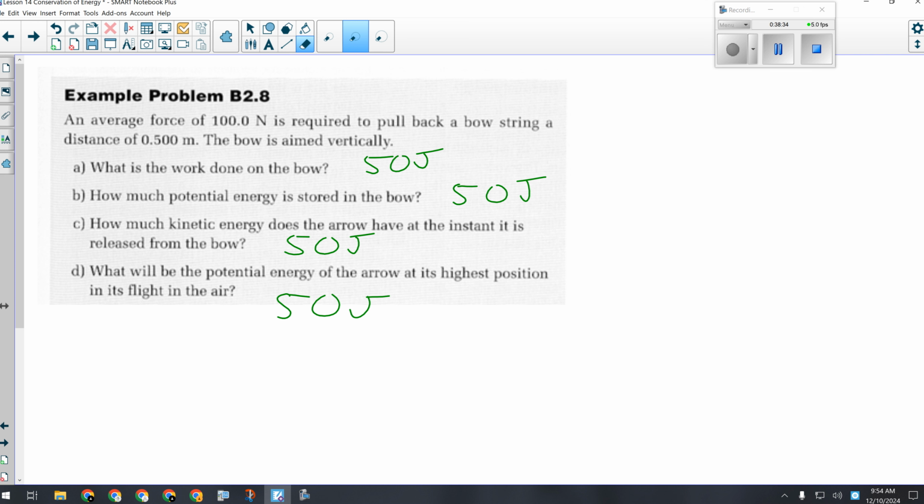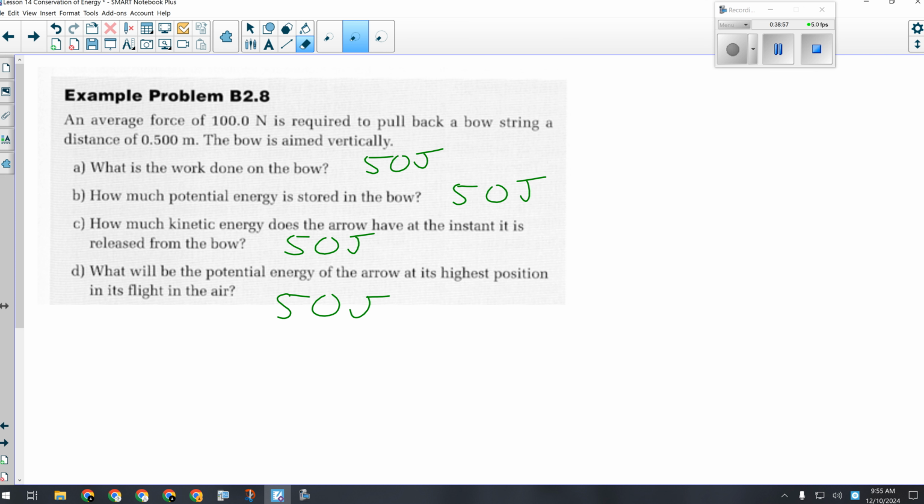The arrow has kinetic energy, and then as it goes up, gravity slows it down. But it has to maintain that 50 joules worth of energy. It's going slower and slower, but it's going higher and higher. That's how it maintains that 50 joules of total mechanical energy. It doesn't all have to be kinetic all the time. They can convert into each other, and that's exactly what they do.